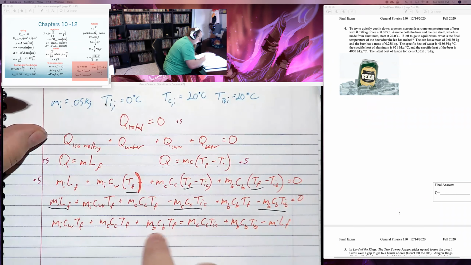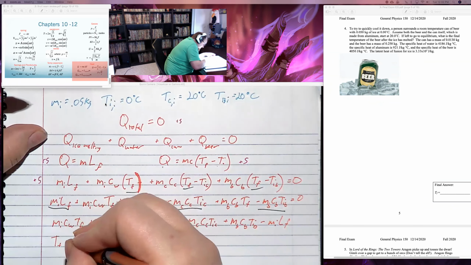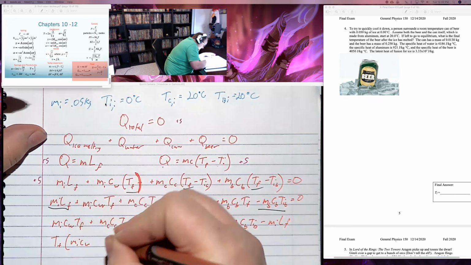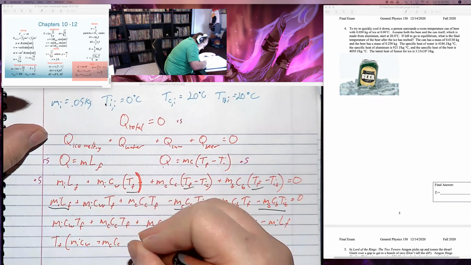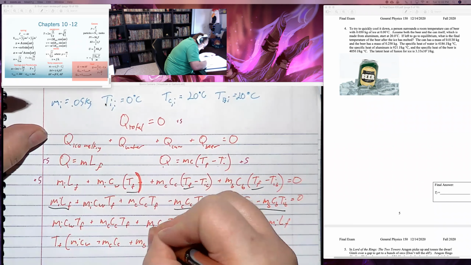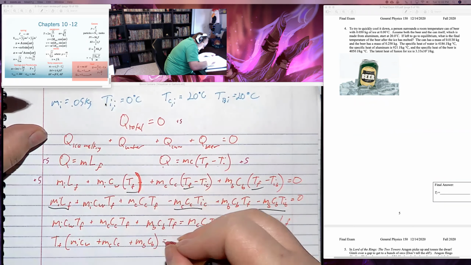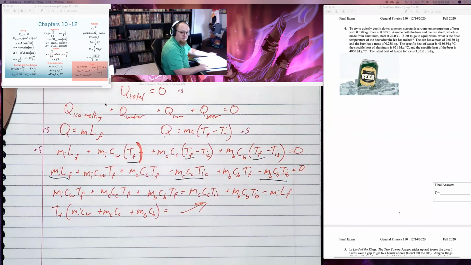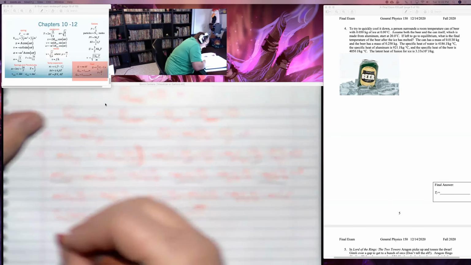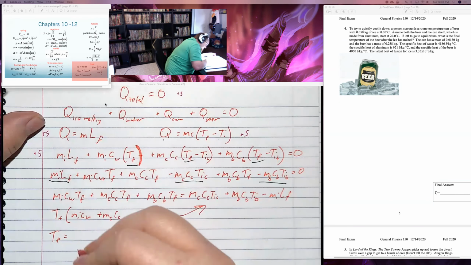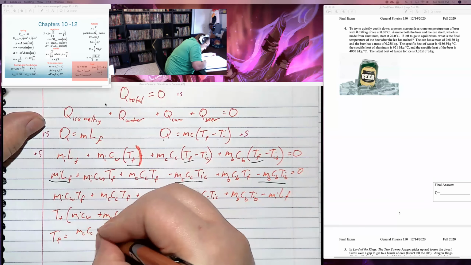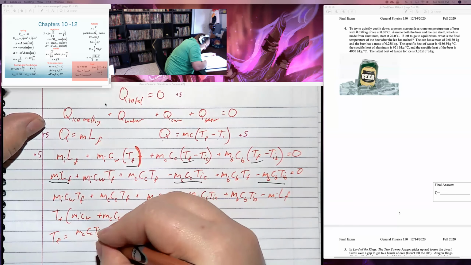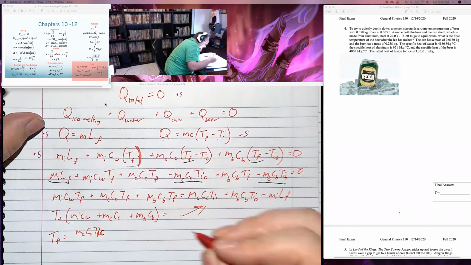This will allow me to factor out a T final from this side. I don't feel like writing that line again. And then I'll divide both sides by everything in parentheses. Oh, I did IC. I see. I was trying to be consistent.